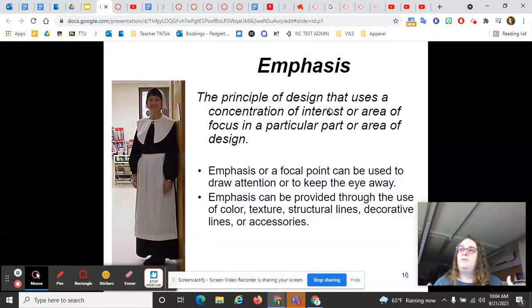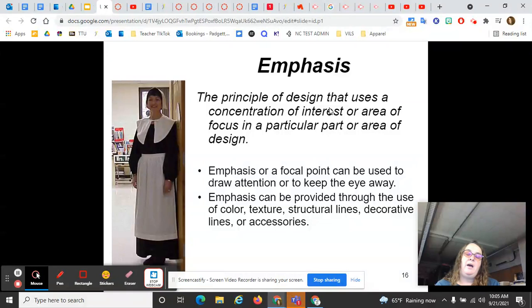So if, for example, you have someone that has a part of their body that they are self-conscious about, then you would want to emphasize another part so that the eye goes to that location versus the location where the person feels they are flawed.